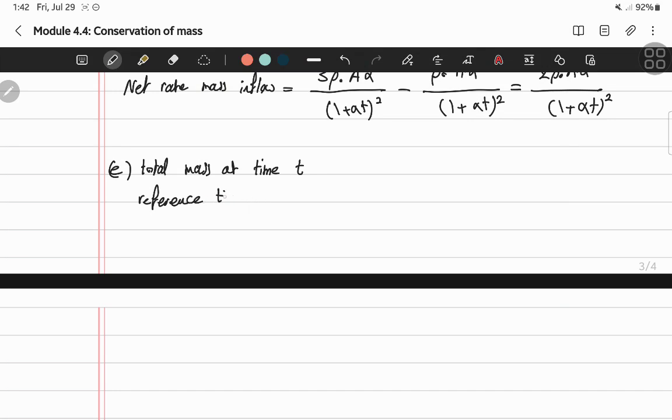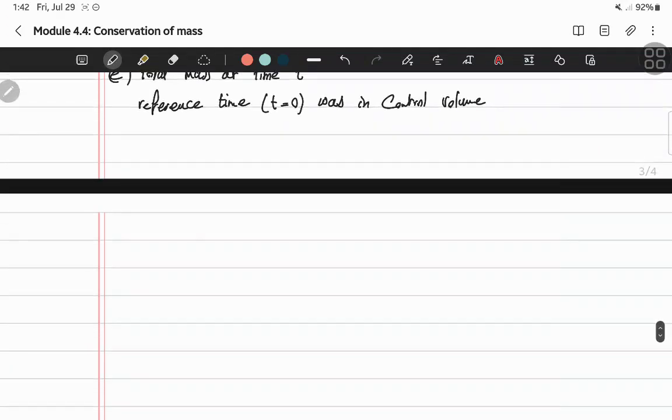At the reference time, t equal to 0, that was in control volume, which basically wants us to calculate the capital M. So it's over the material volume.